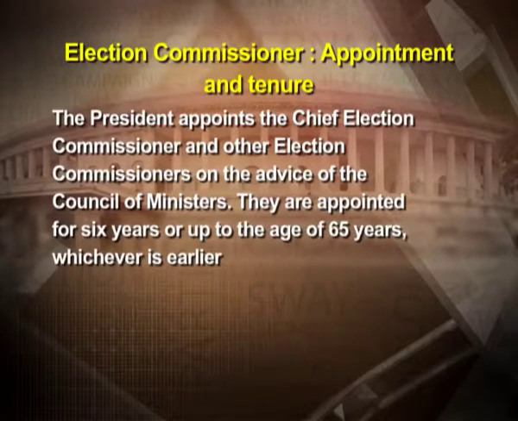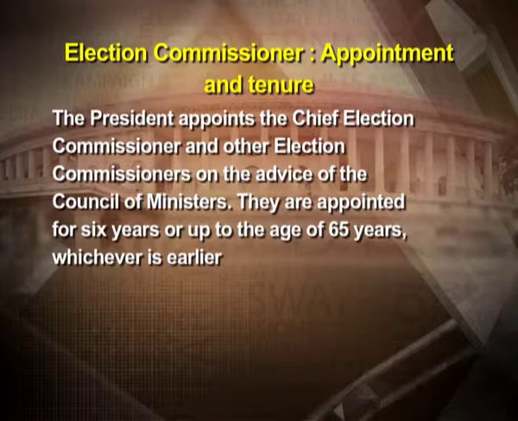Now, who appoints the Chief Election Commissioner and the other election commissioners? They are appointed by the President of India on the advice of the Union Council of Ministers. Like other appointments, the President of India appoints them, and they are appointed up to the age of 65 years, or they are appointed for 6 years, whichever is earlier.